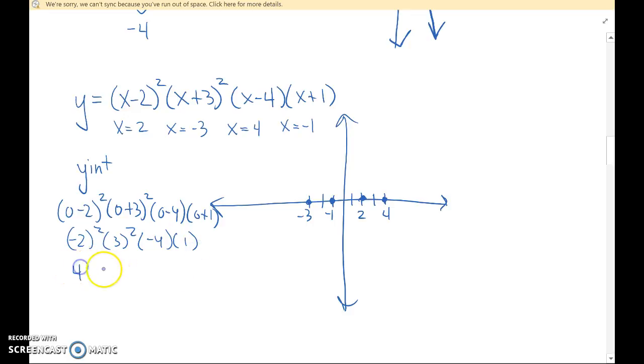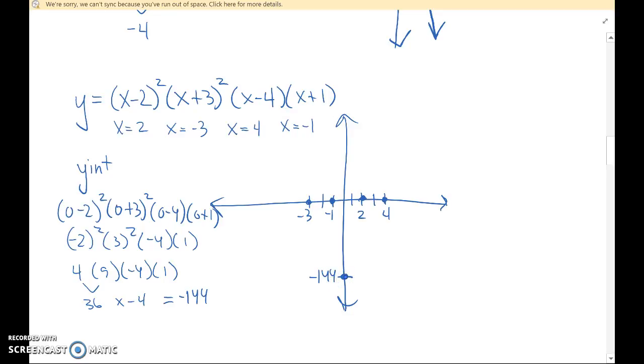And so this will give us 4 times 9 times a -4 times 1. And so this gives us 36 times -4, which would be, sorry, 144. And a -144. So we go down here to -144.